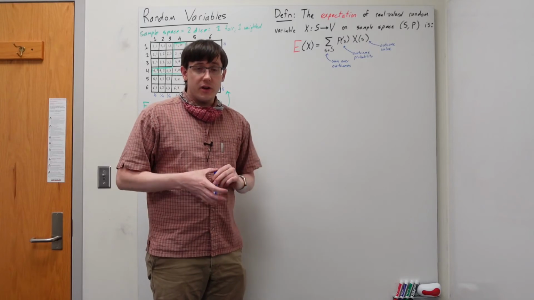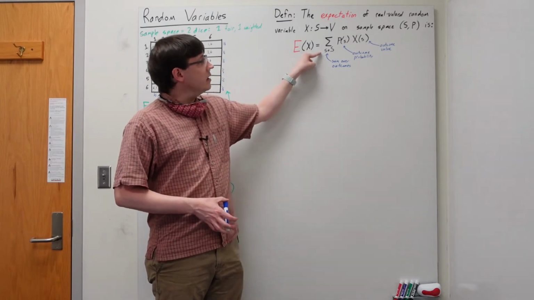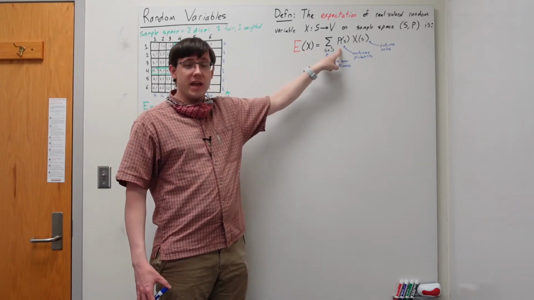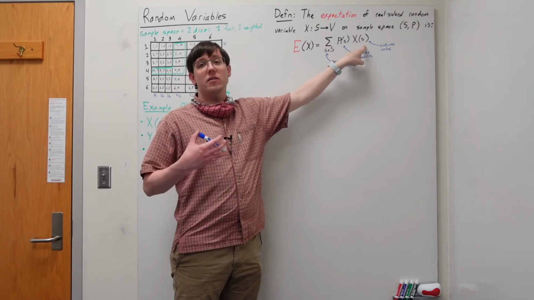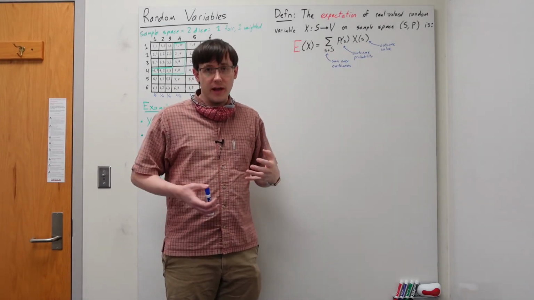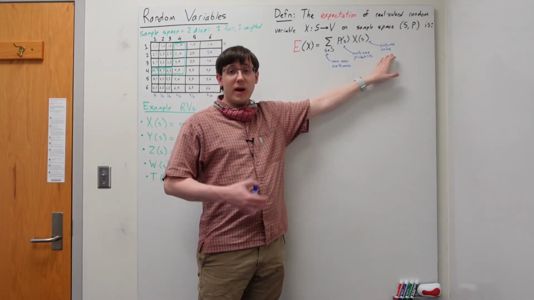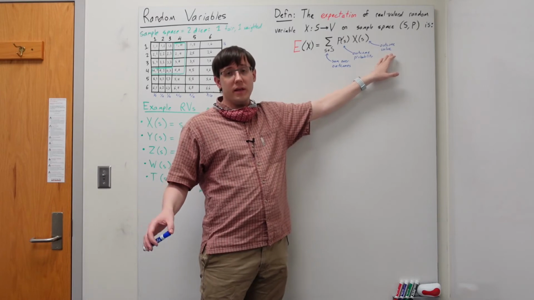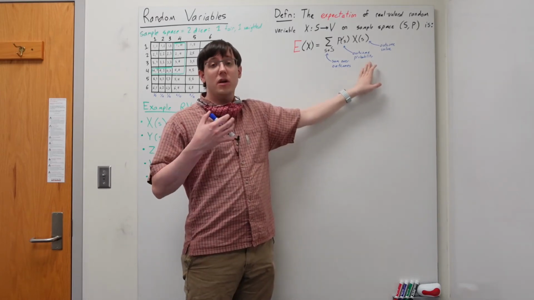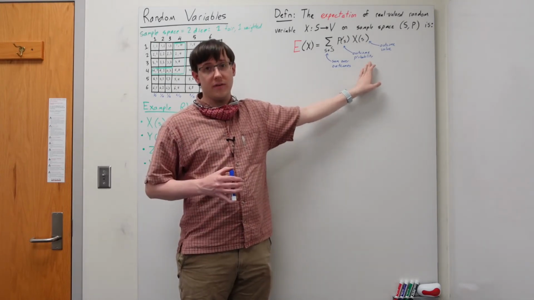So the basic definition of the expectation of a random variable is the sum over all of the outcomes of the probability of the outcome times the value for the outcome. And this is like an average value in that we are adding up all of the values, but rather than dividing by the number of values, we are reweighting by multiplying each value by the probability of the outcome that gives us that value.